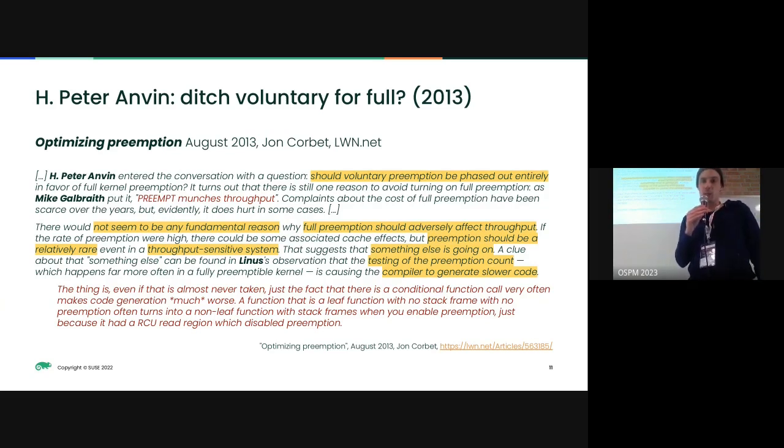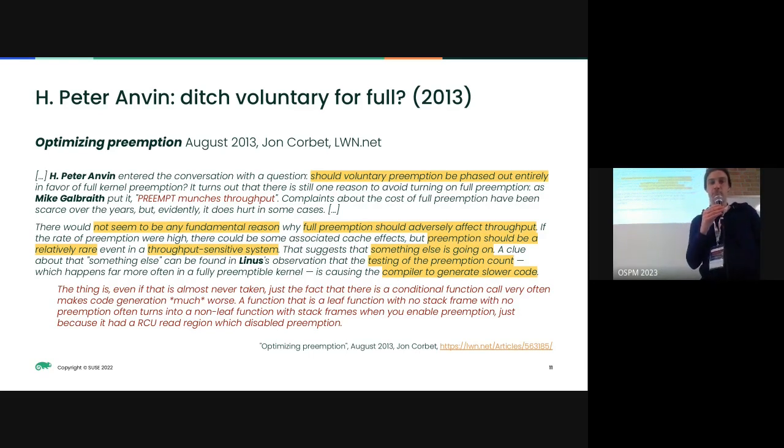So complaints about the cost of full preemption have been scarce over the years, but evidently it does hurt in some cases. So Peter was saying, full preemption, as the word suggests, is full, and voluntary is something that we don't need. Anyway, if I read Ingo's words from two slides ago, that's not what it was supposed to be.